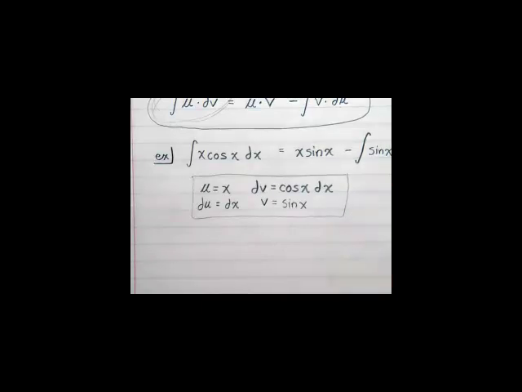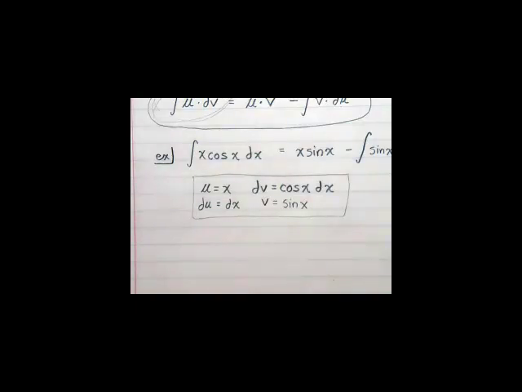Now, like I said before, my goal was to rewrite this thing such that the integral on the end is going to be one that I can do. Because x cosine x, doing that directly, we can't do that. But by using integration by parts, I know it's equal to this. And can you do this? Everybody say yes. Yes, you can, right?